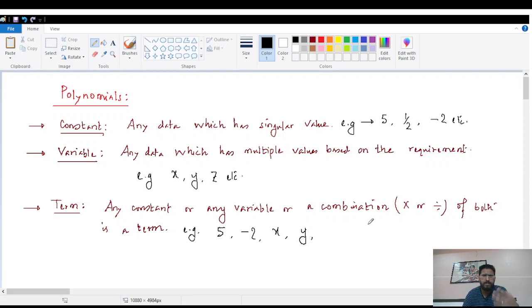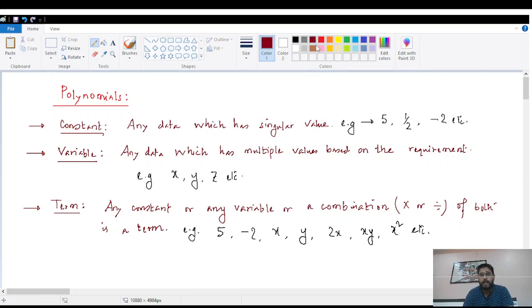Or a combination like 2x or xy. So all of these are examples of terms. So three things we have learned: constant, variable, term.